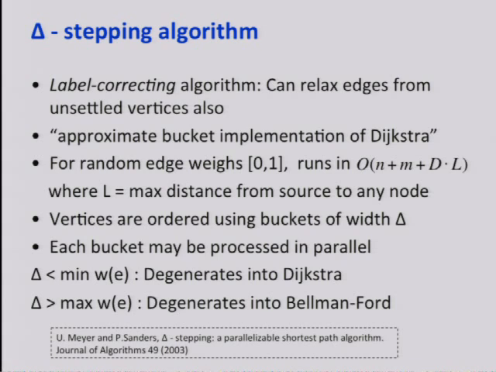And this nicely degenerates into those famous algorithms. If you choose delta too small, it degenerates into a bad implementation of Dijkstra without heaps. And if you choose delta too big, then it degenerates into some sort of Bellman-Ford, and it does too many correction steps.